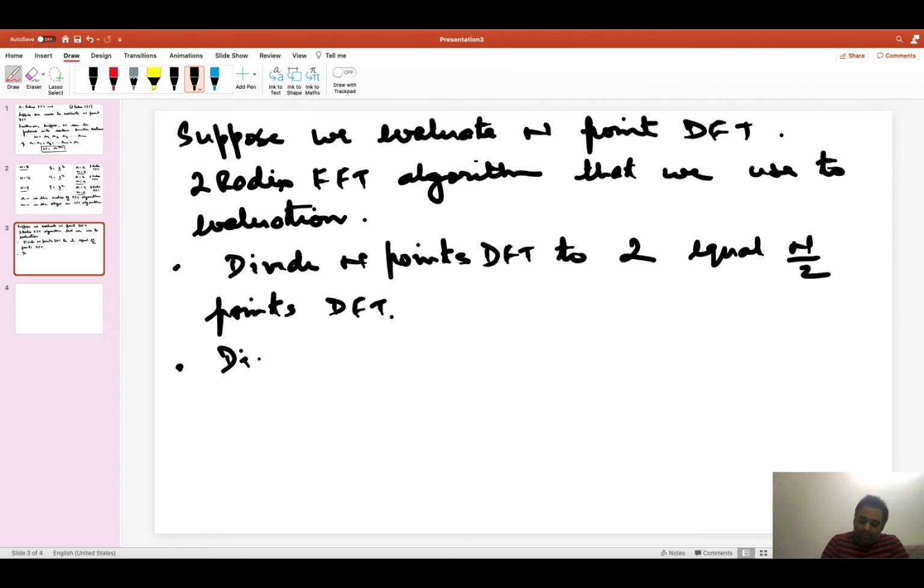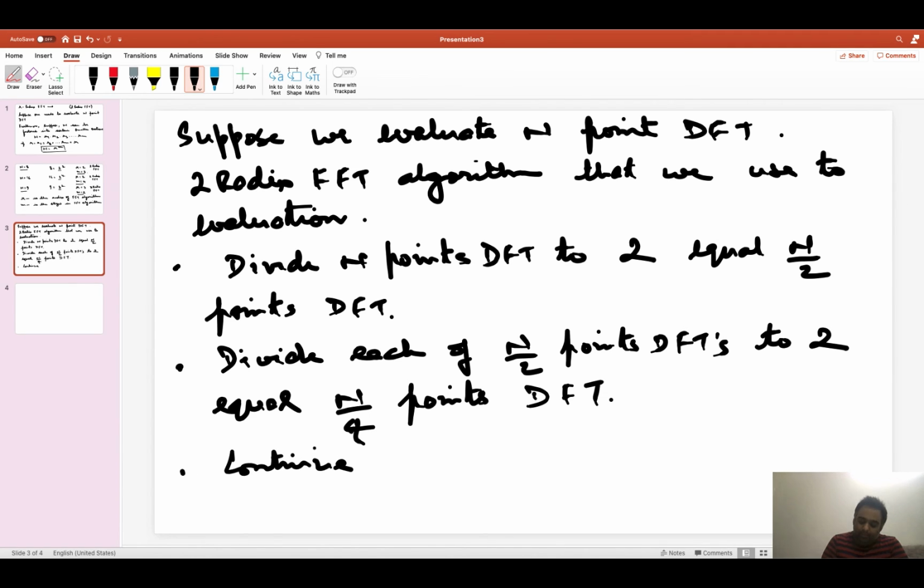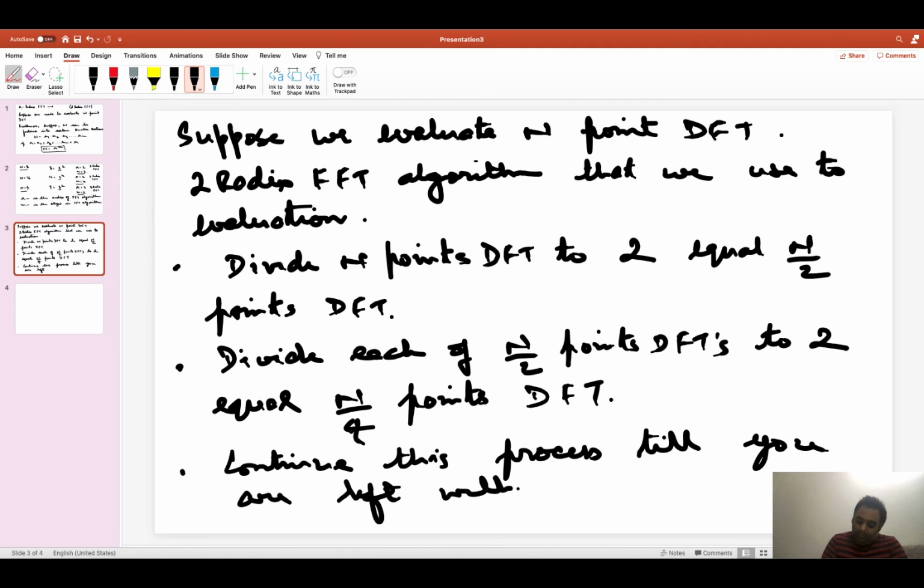Then divide each of the N by 2 point DFTs into 2 equal N by 4 point DFTs, and continue this process till you are left with evaluating 2-point DFTs.